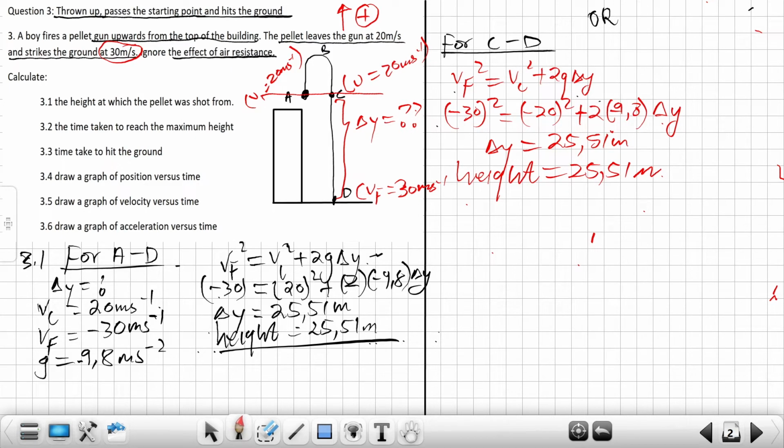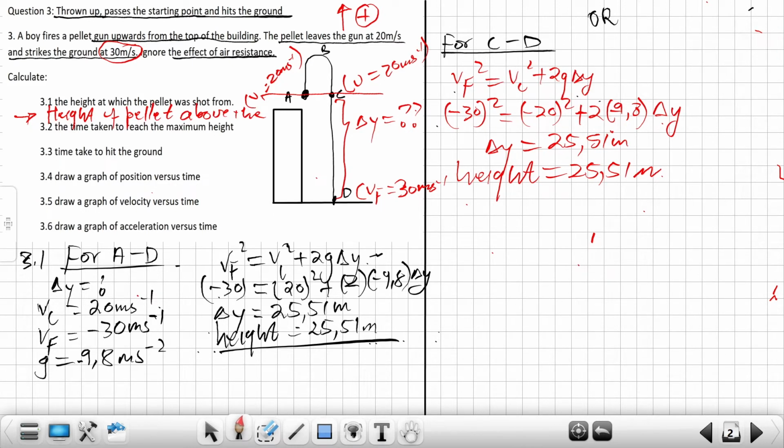So I want to add this question just to modify it and understand it correctly. I'm just going to write it here before we calculate the time taken. Now let's calculate the height of the pellet above the ground.